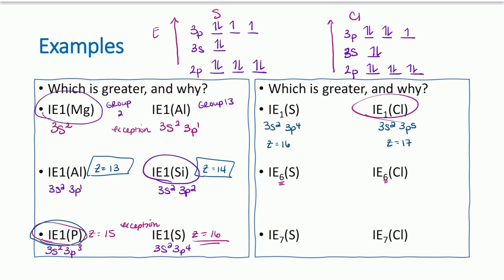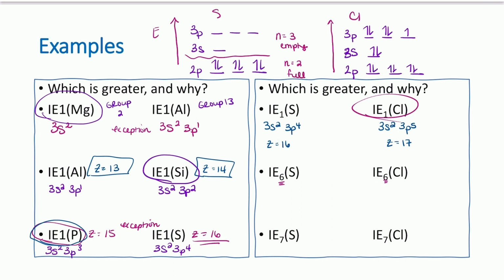So for sulfur, I would first remove this first electron here. 1, 2, 3, 4, 5, 6. If I remove 6 electrons, I have an empty 3s shell and a full n equals 2 shell. Empty 3s, 3p, completely empty n equals 3. And n equals 2 is completely full.